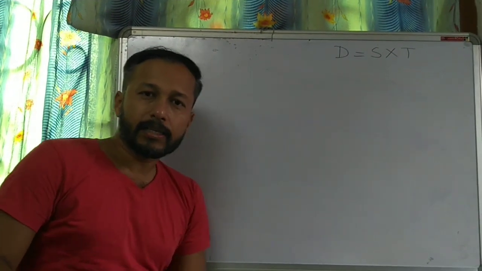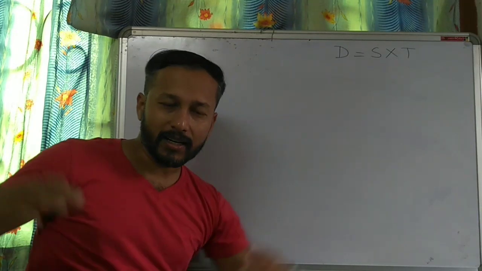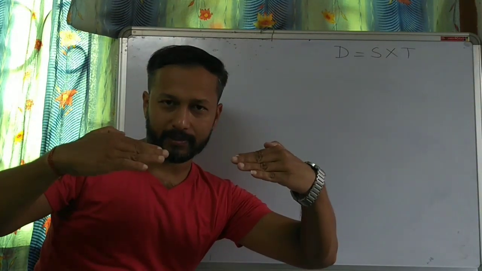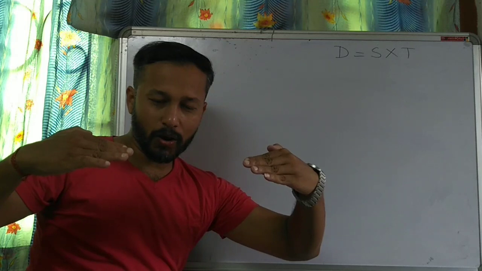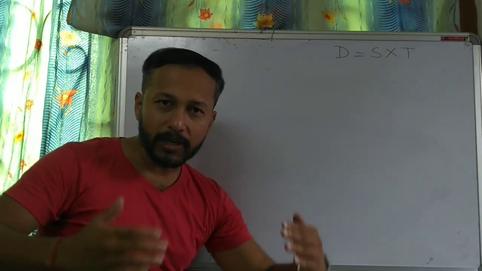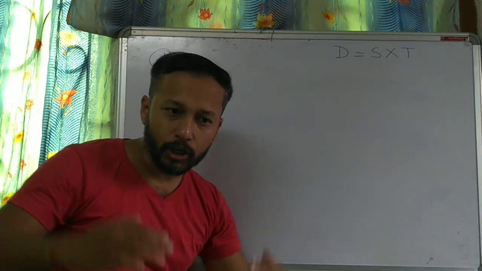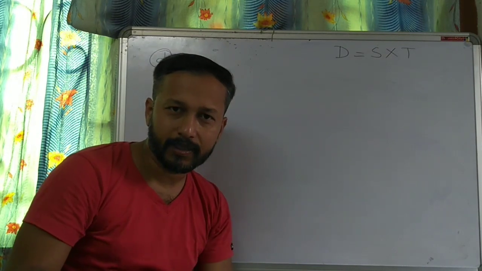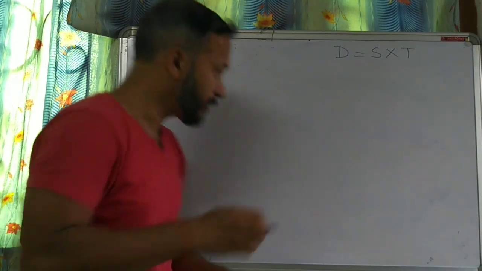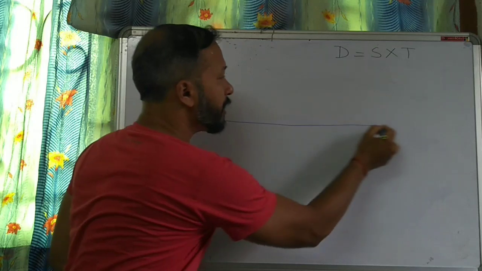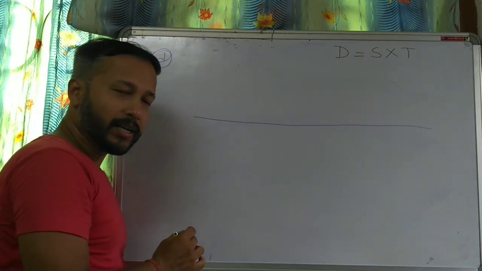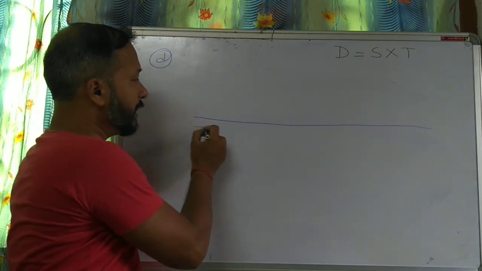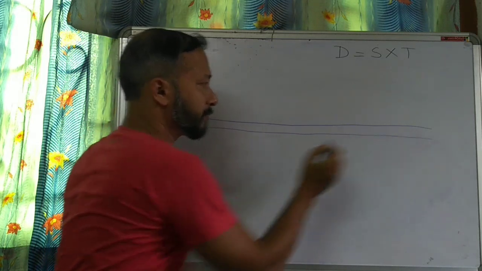Next technique, number D. Say two trains are coming towards each other. Now, how much time will they take to cross each other? Understood the question? Let's draw it. This is the railway track. Now, here is another railway track.